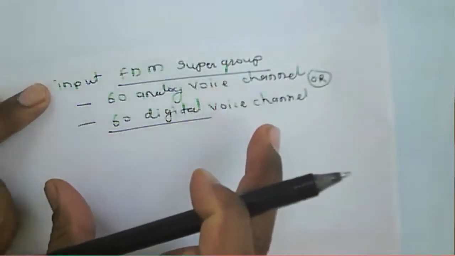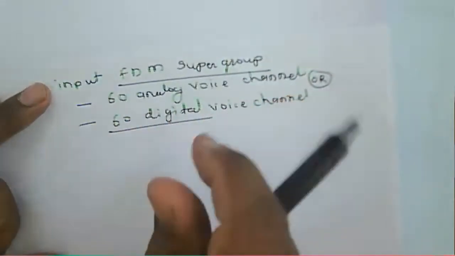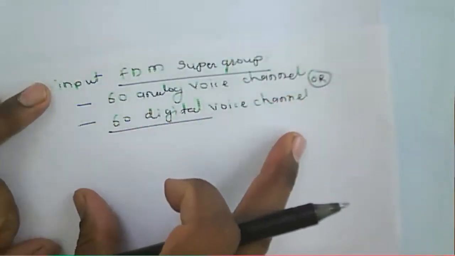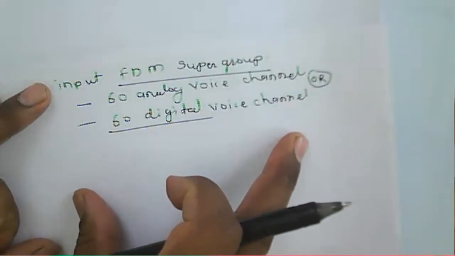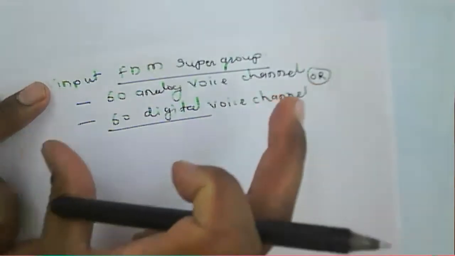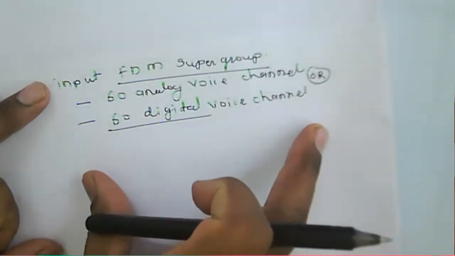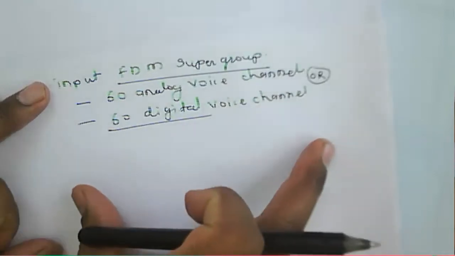If 50 channels are operating, meaning 10 channels are not operating or not active, then what happens? That given bandwidth or given spectrum for this particular transmission will be wasted. I mean, there is wasted capacity.